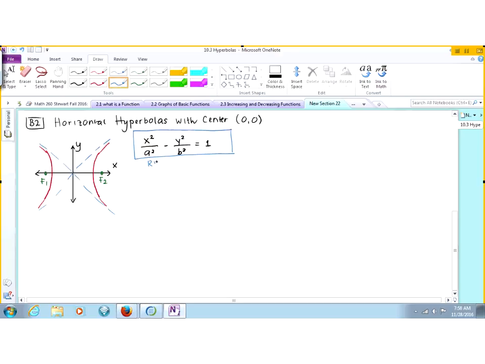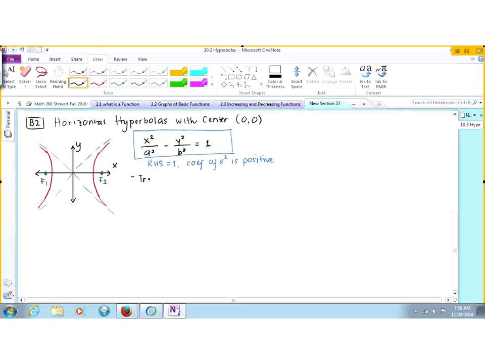Given that the right-hand side is equal to 1, the coefficient of x squared is positive.